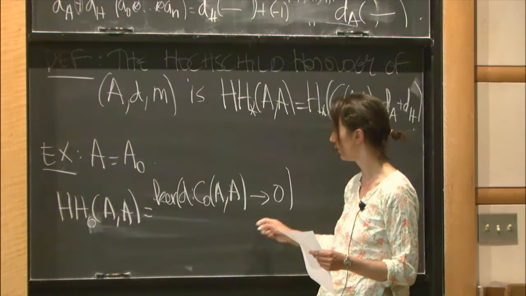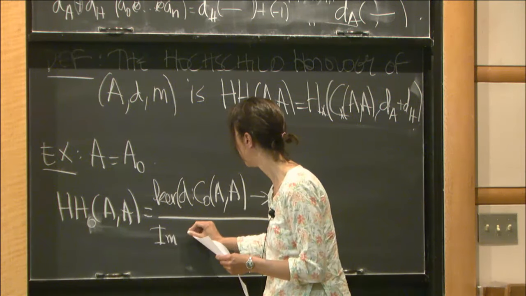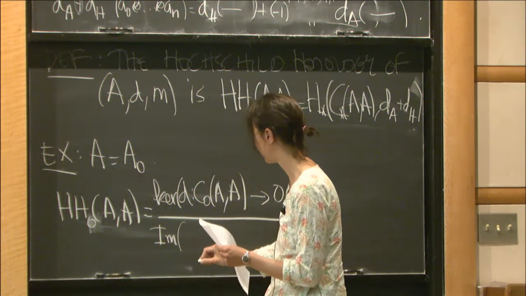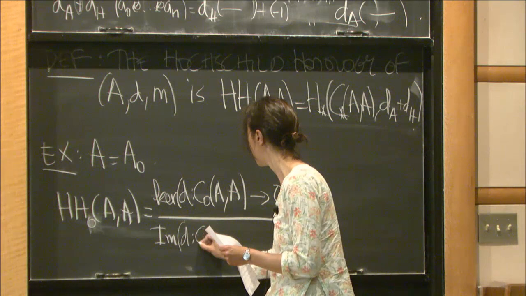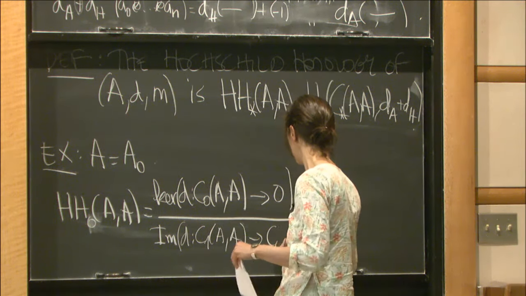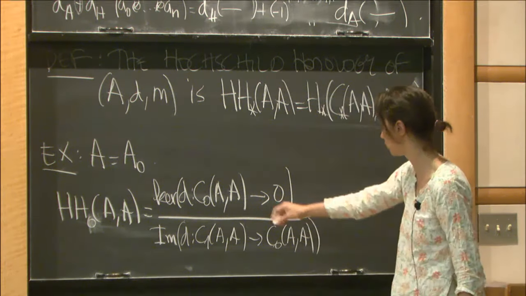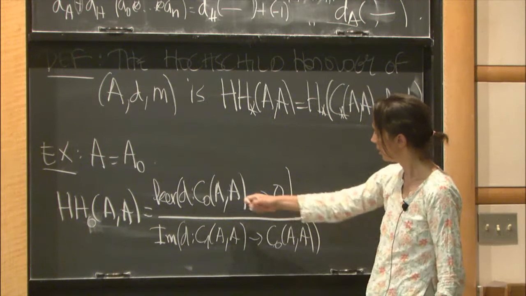Okay? And modulo the image of D from C1 of A, A to C0 of A, A. That's the definition of the zeroth homology group.